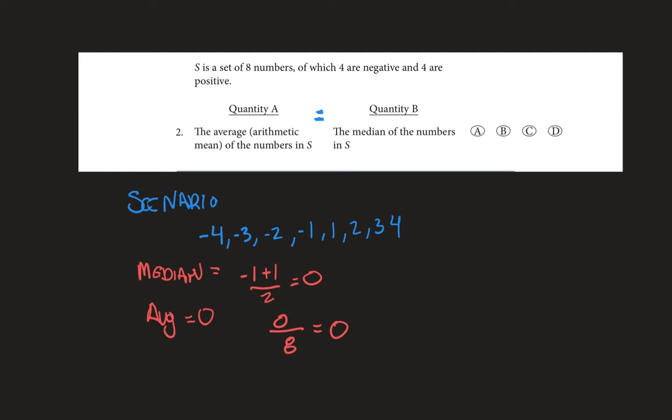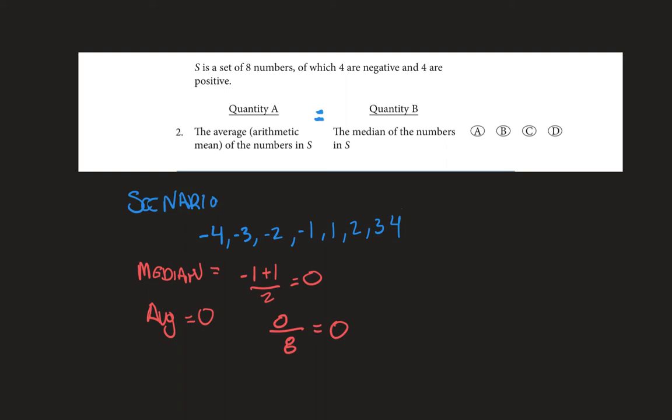If I say that quantity A and quantity B are equal, that is a solid statement. That means that there can be no other example that disproves what I'm saying. In other words, I can choose 8 other different numbers, and the average and the median should always be equal, right? But I'm going to prove to you that this is not the case.